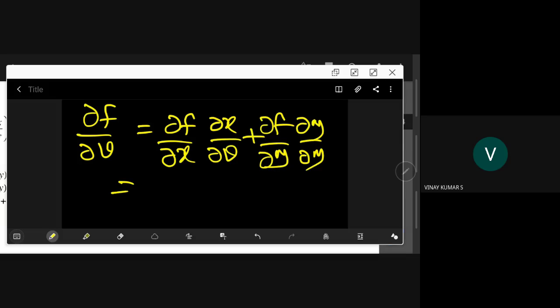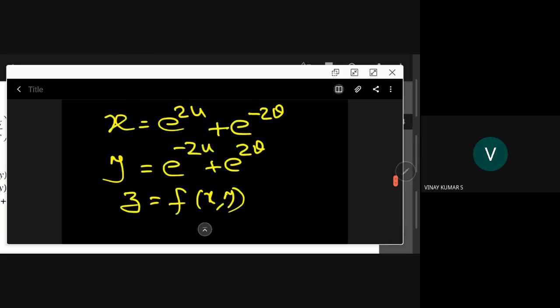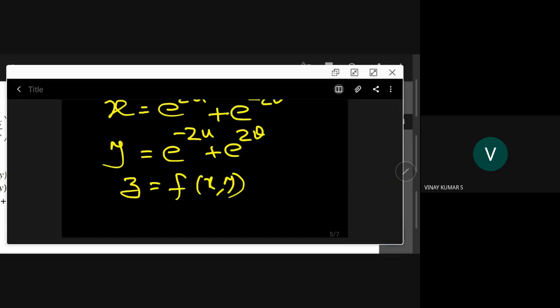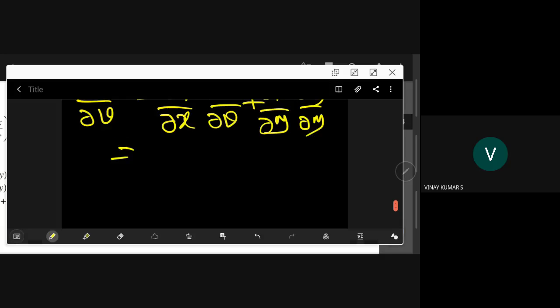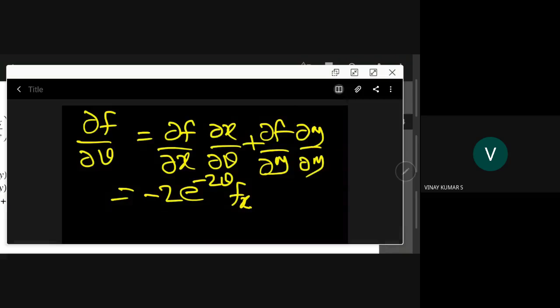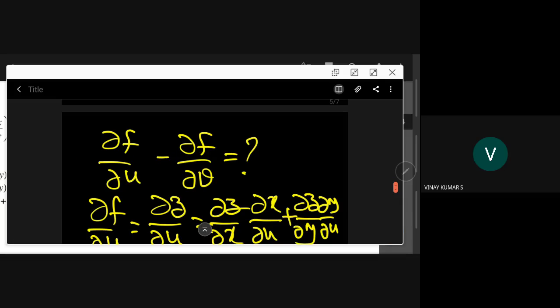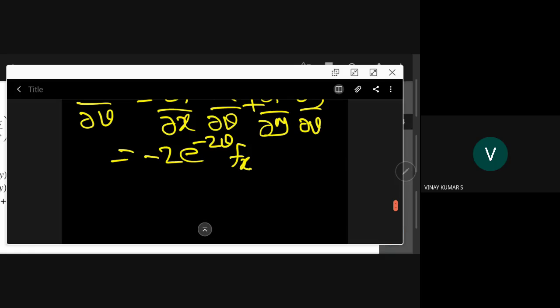So here ∂x/∂v is minus 2e^(-2v) into f_x. Next, ∂f by ∂y, here we have ∂y/∂v, which is 2e^(2v).